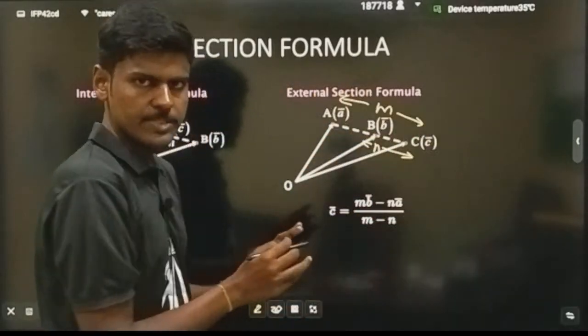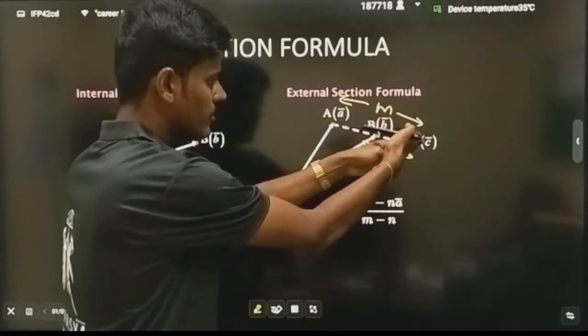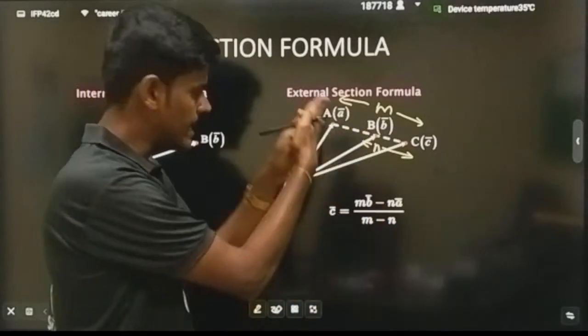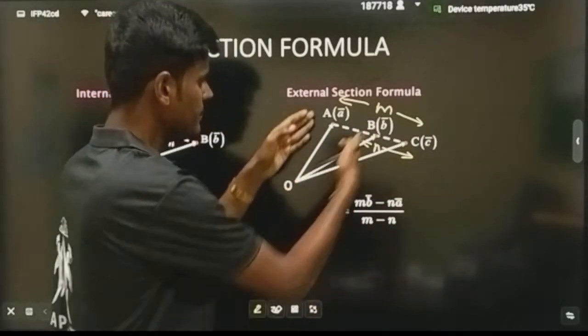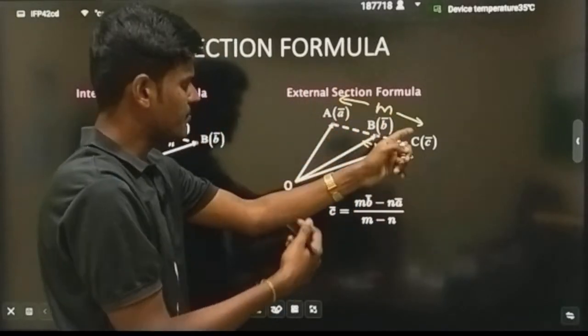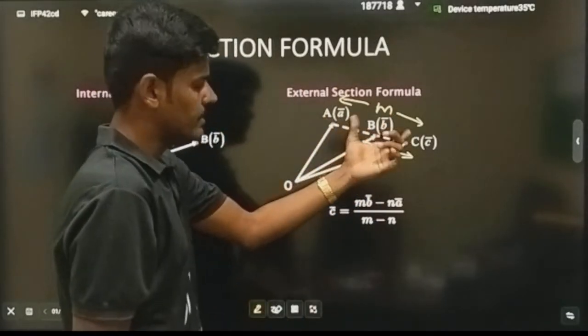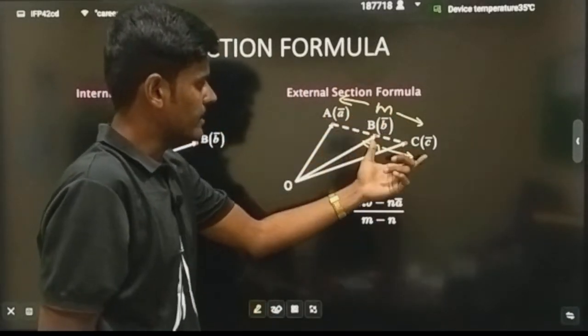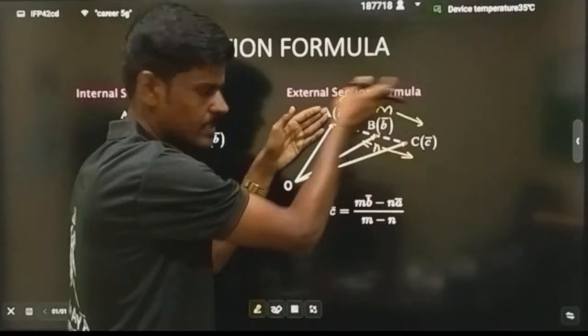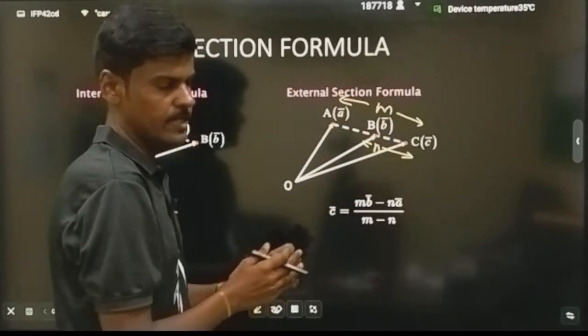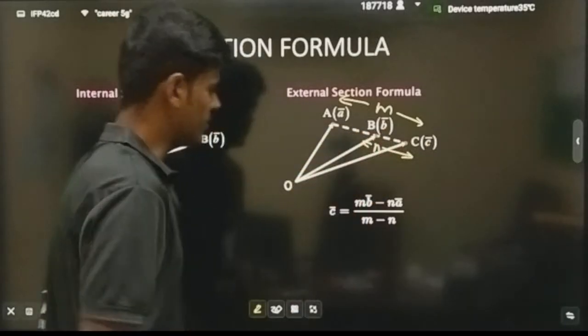So, for making this very clear, always take whichever point that divides the line. Here point lies outside, that is why it is called external section. Then from that point up to the initial point, that is M, and the last point, that is N. So the ratio is from A to the point that divides. AC is M value and BC is N value.